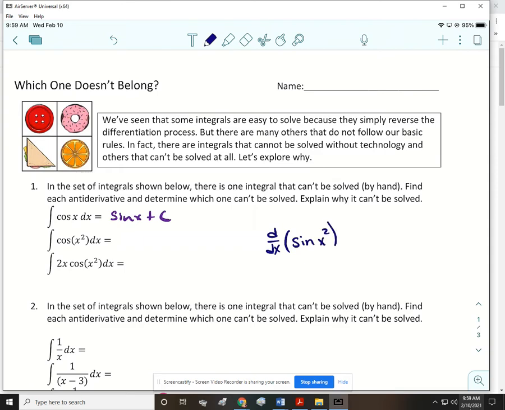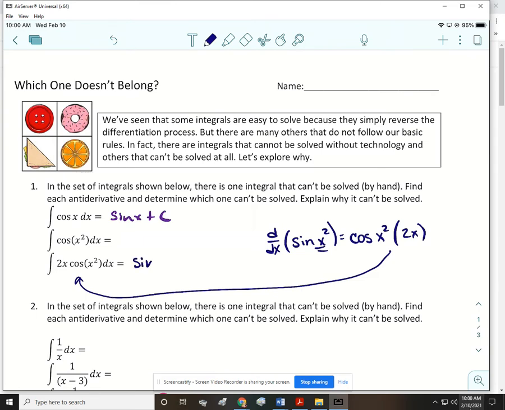When we do, it would be cosine of x squared, but then we would have to multiply by the derivative of x squared using the chain rule, right? So that 2x isn't there. So this actually matches up with that one. So this one would be the sine of x squared plus c, and this one is not possible.